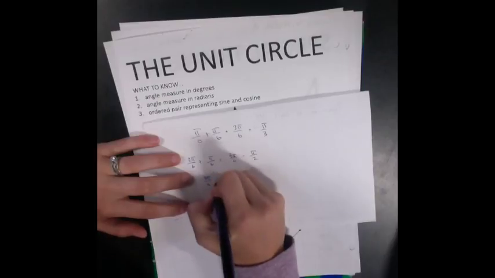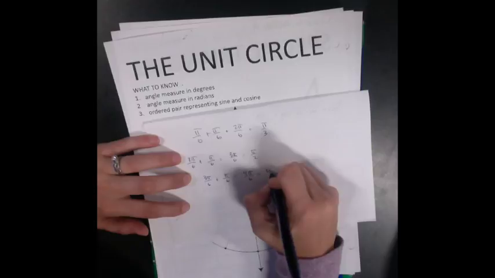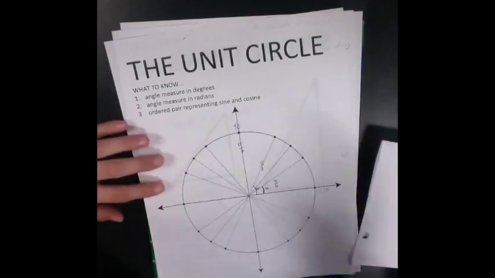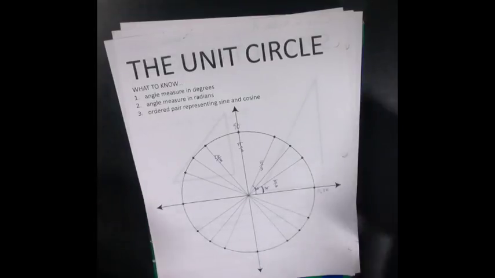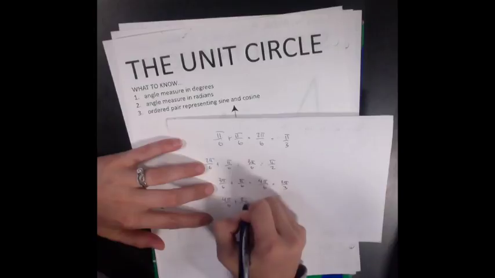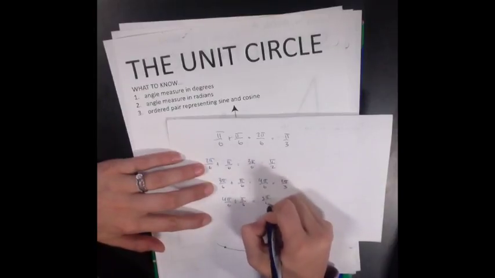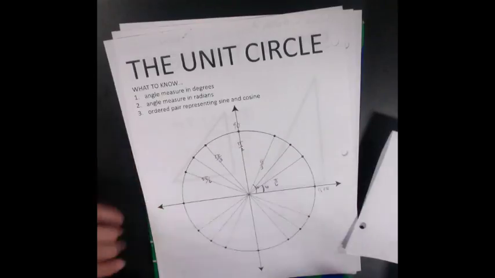So 3 pi over 6 plus pi over 6 gives me 4 pi over 6, which is 2 pi over 3. So this value here is 2 pi over 3. Add pi over 6 again. 4 pi over 6 plus pi over 6 gives me 5 pi over 6. So this is 5 pi over 6.